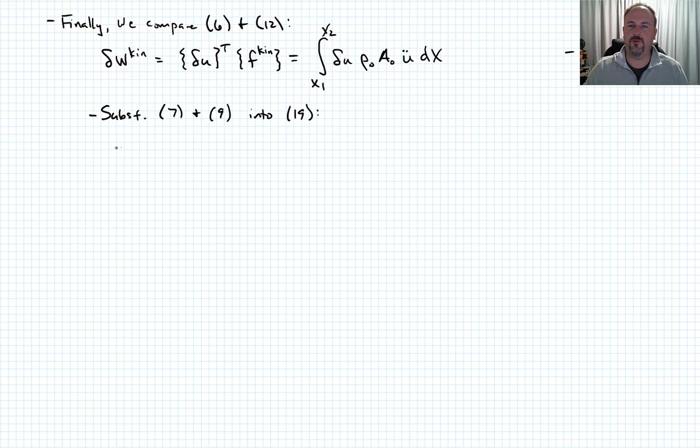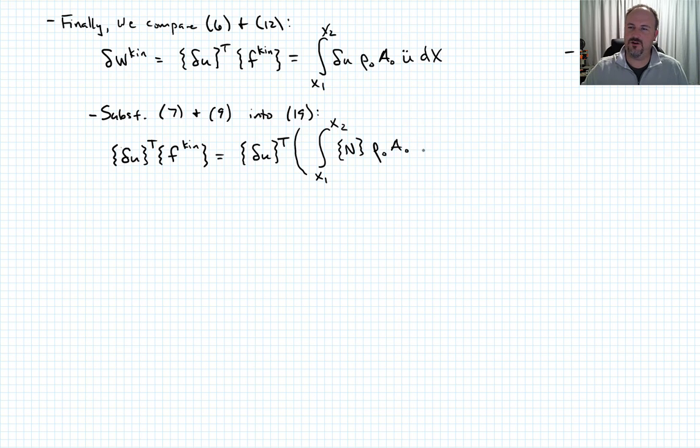When we do that, we end up with delta U transpose times the kinetic force vector equal to, I'm going to pull out a delta U transpose again, times the integral from x1 to x2, and then this term becomes just N times rho naught a naught, and now we have to do the U double dot term.